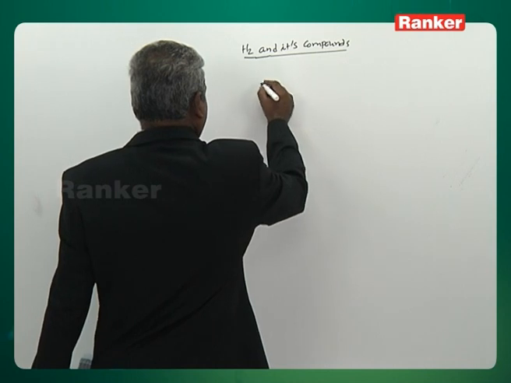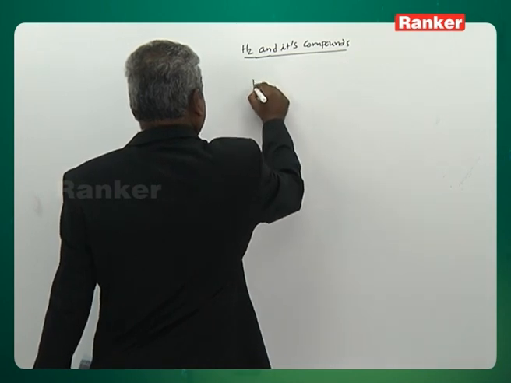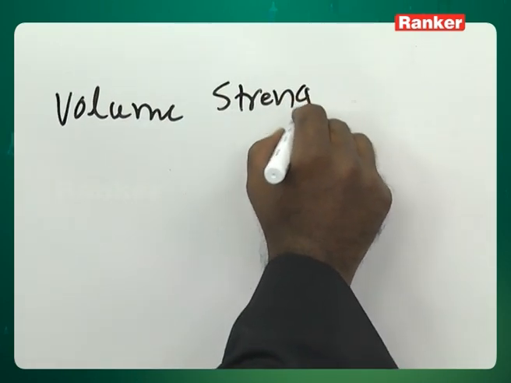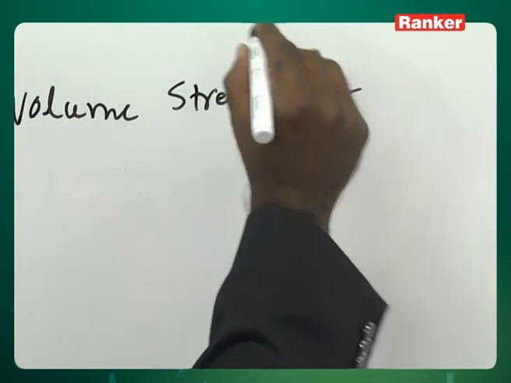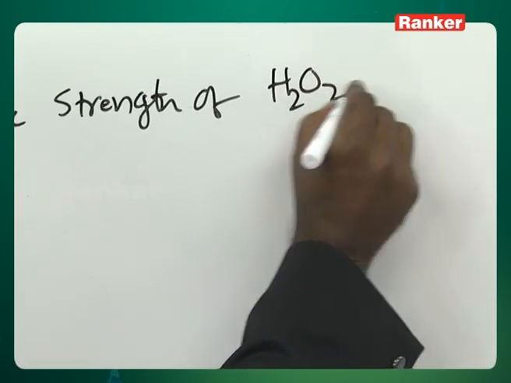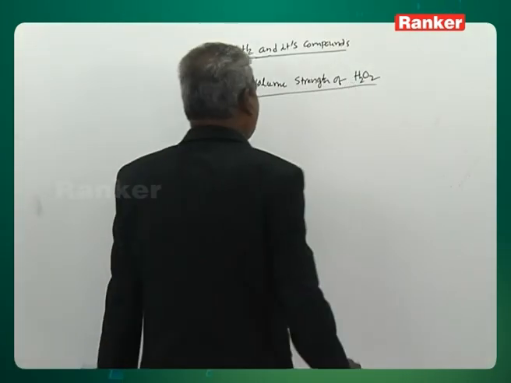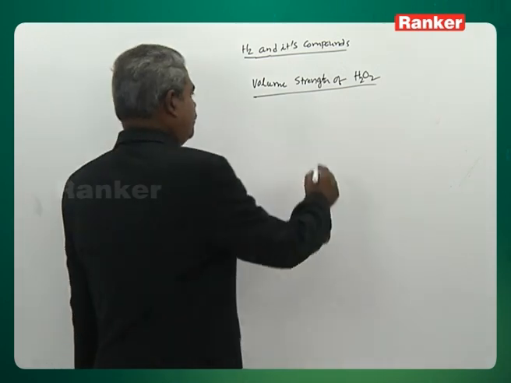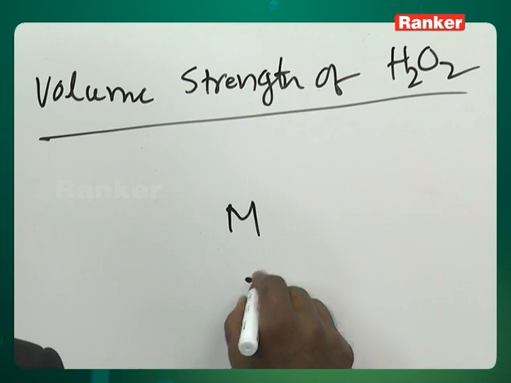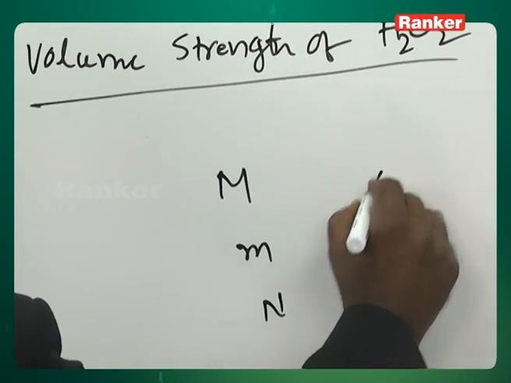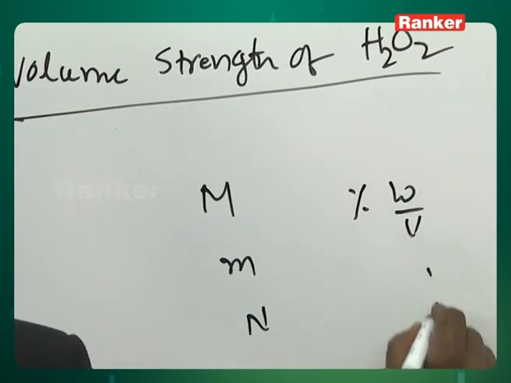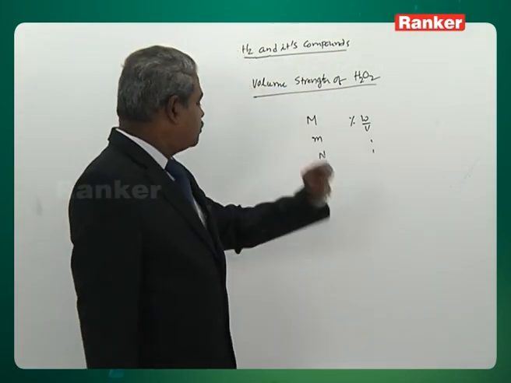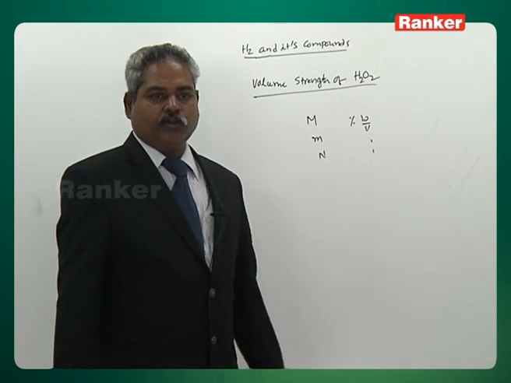Now, volume strength of H2O2. It is measuring the concentration of H2O2. So, we have molarity, normality, percentage, weight by volume. There are many units of concentration, and volume strength of H2O2 is one more unit of concentration.